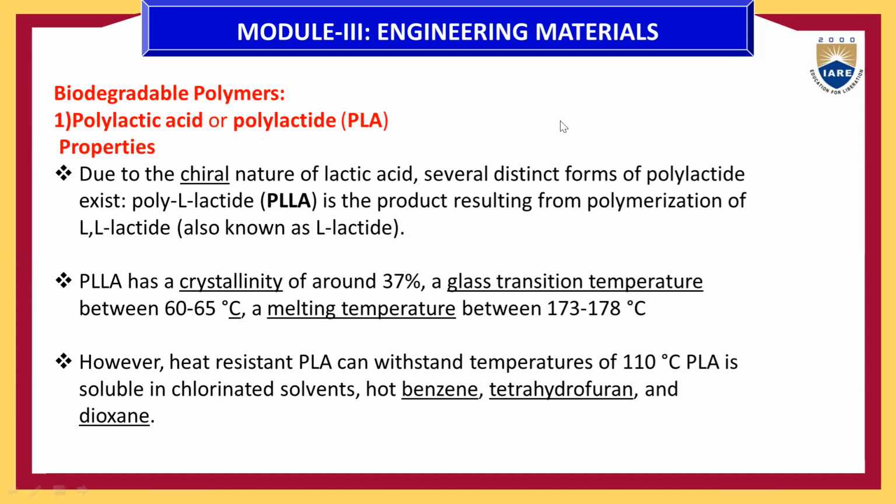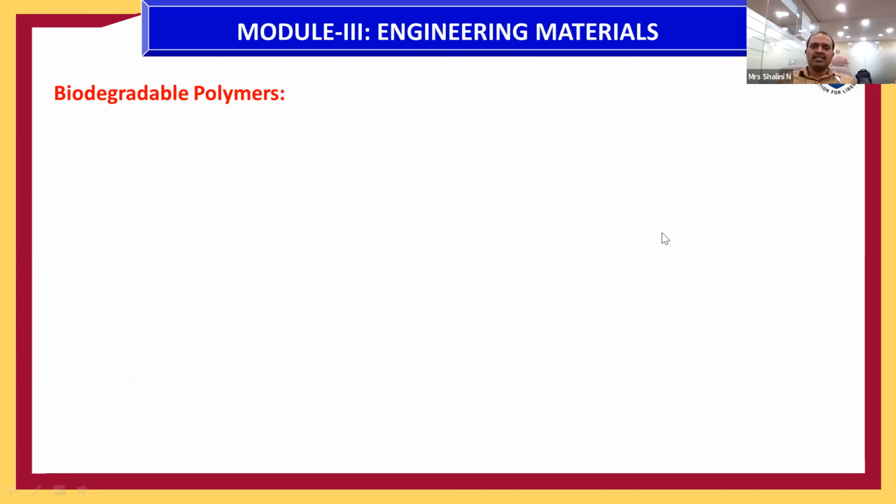Poly-L-lactide has a crystallinity of around 37%, a glass transition temperature between 60 to 65 degrees Celsius, and a melting temperature between 173 to 178 degrees Celsius. However, heat resistant PLA can withstand temperatures of 110 degrees Celsius. PLA is soluble in chlorinated solvents, hot benzene, tetrahydrofuran, and dioxane. Besides these, we have to write the resistance to sunlight, moisture, acid, alkali, UV light, oxidation, etc. These are the properties of polylactic acid.